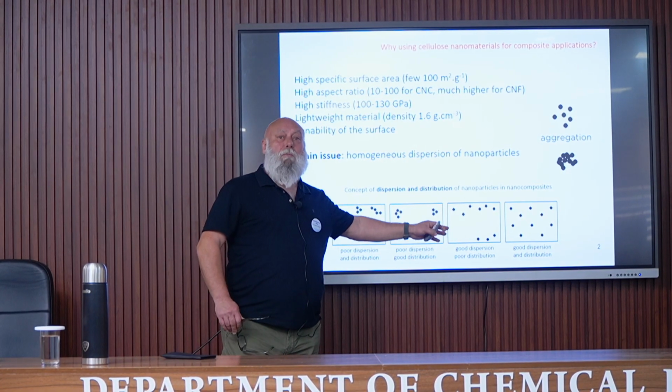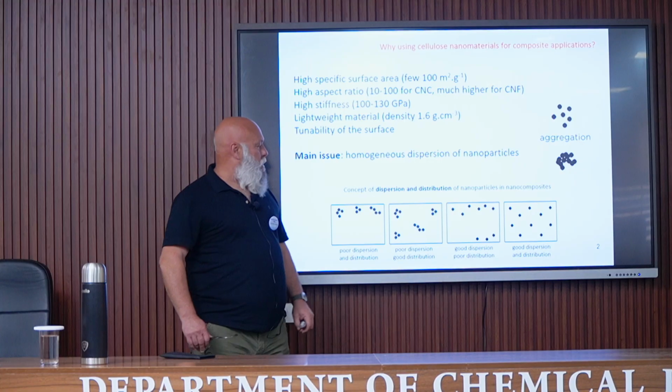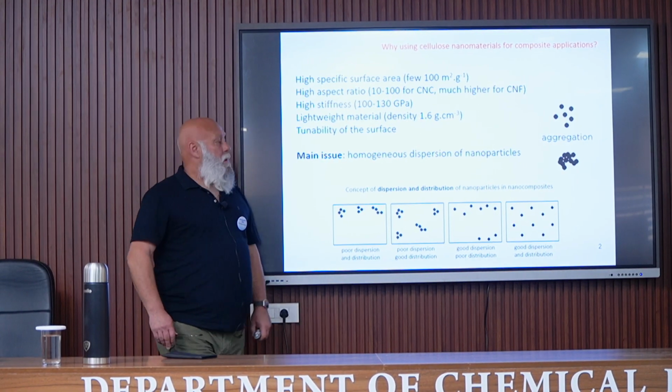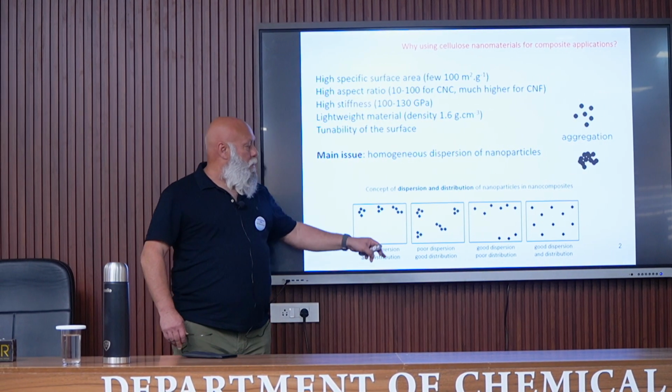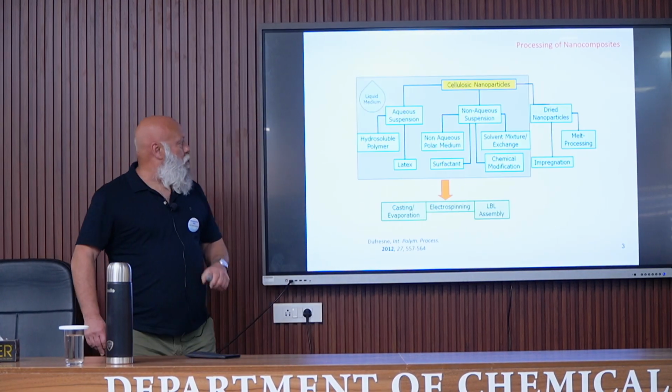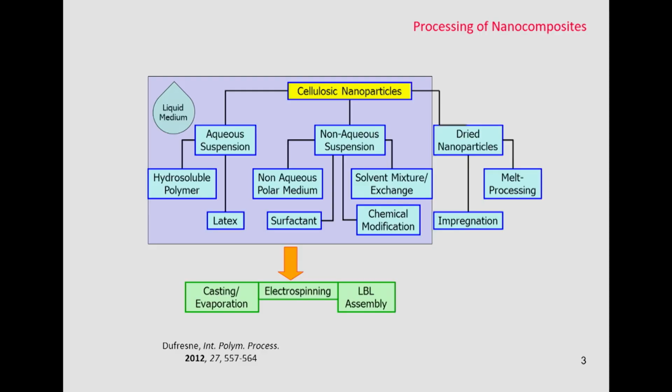Good dispersion, no more aggregates, but poor distribution, and of course, the objective is to have a good dispersion and a good distribution. So you have reported here the main strategies that can be used to prepare nanocomposites from these cellulose nanoparticles in a liquid medium. This is what we will see now, or with dry nanoparticles, it will be the second part.